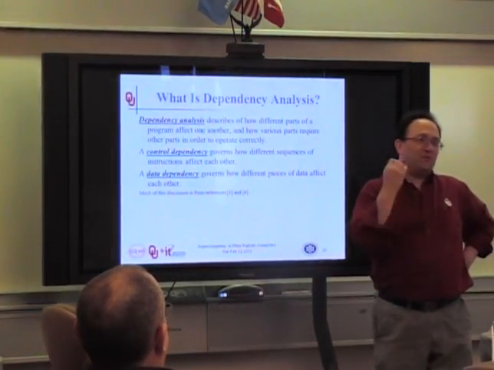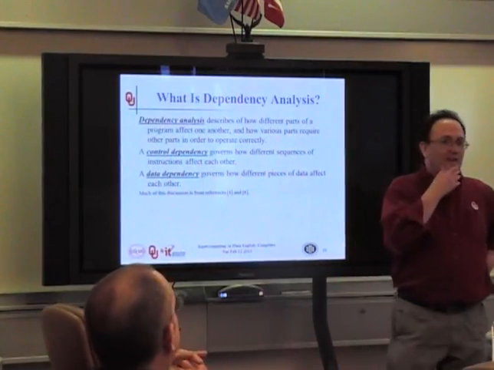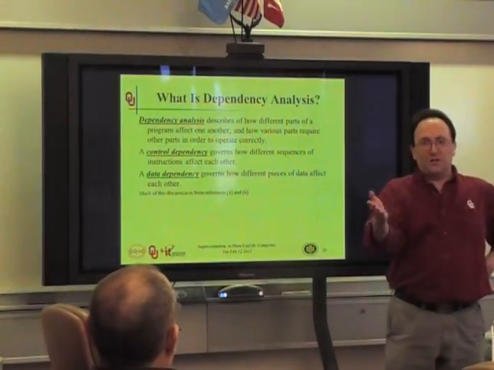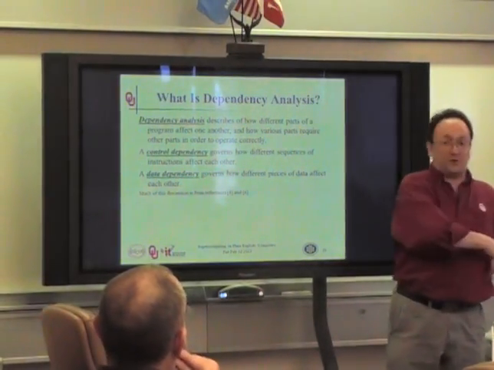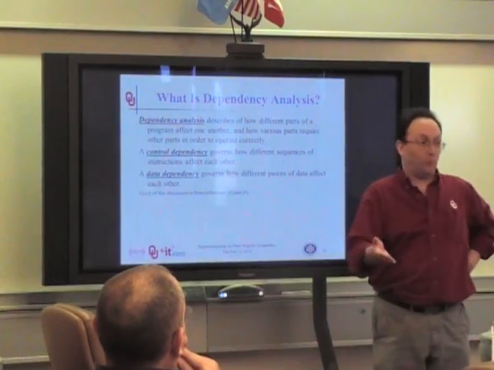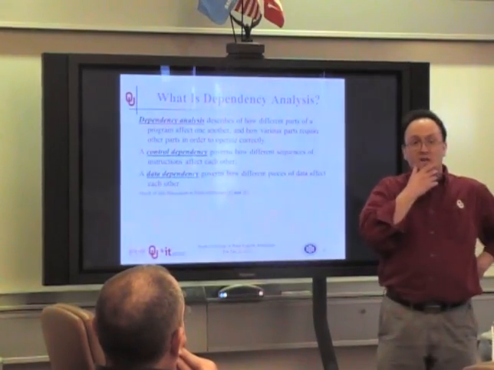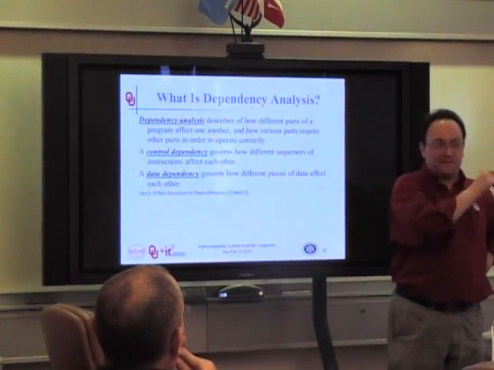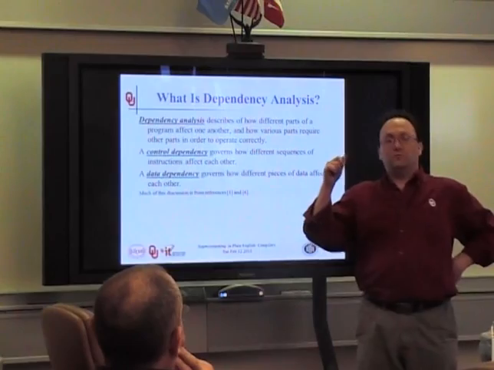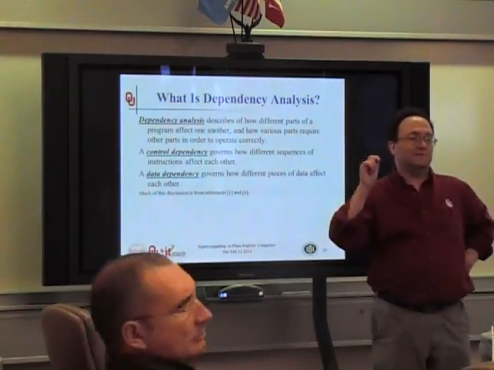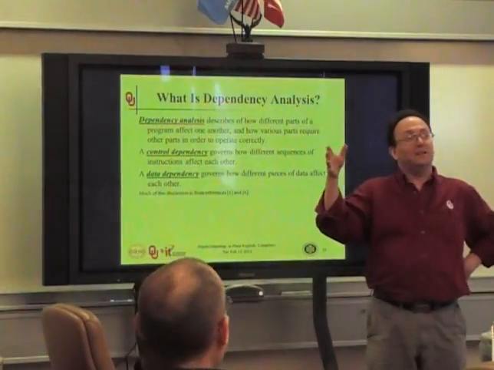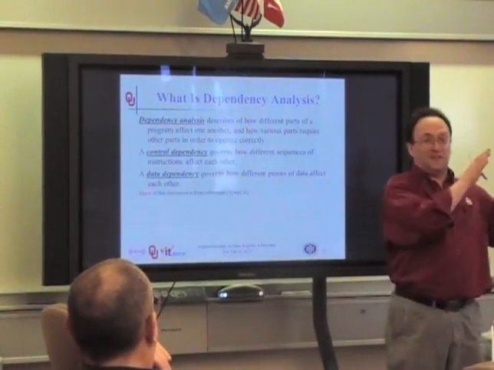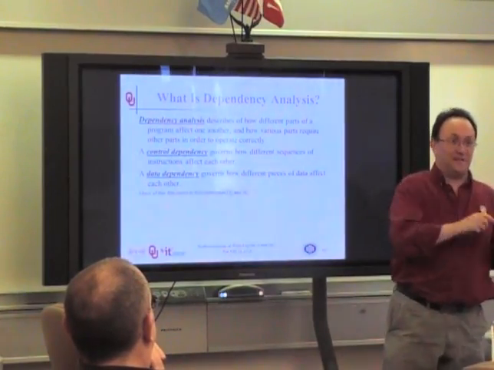So the rule we learned last time was if two things were independent, that meant that each of them does not need the other in order to be able to do its work, right? So when we were looking at Z is assigned A times B plus C times D, the A times B was independent of the C times D, yeah?